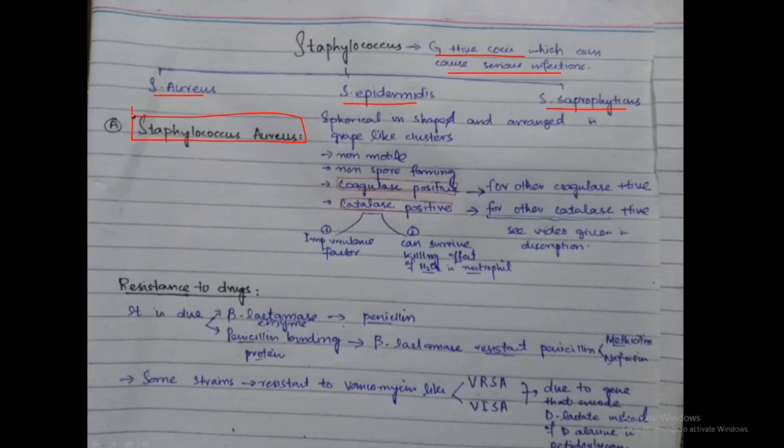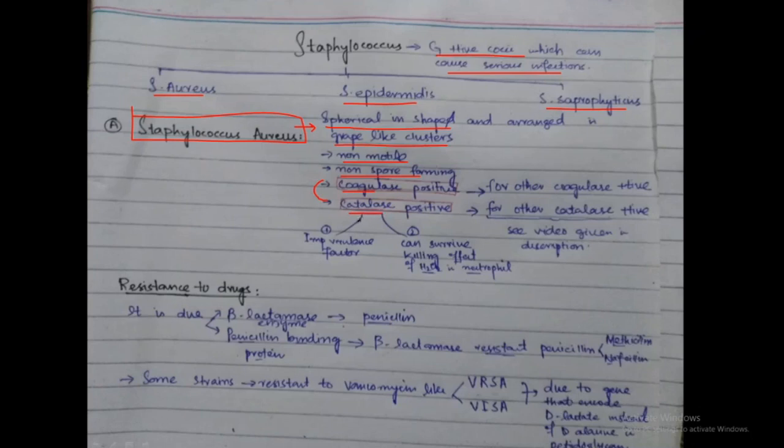bacteriology. Starting with some important points about Staphylococcus aureus: it is spherical in shape and arranged in grape-like clusters when seen under the microscope. They are non-motile, non-spore forming, and biochemically coagulase positive and catalase positive.